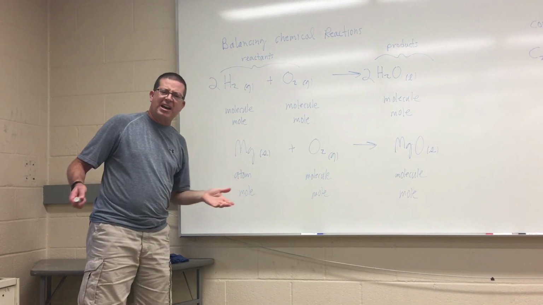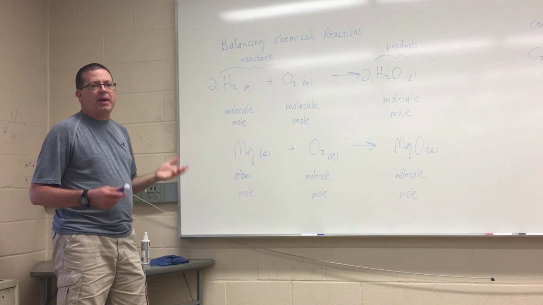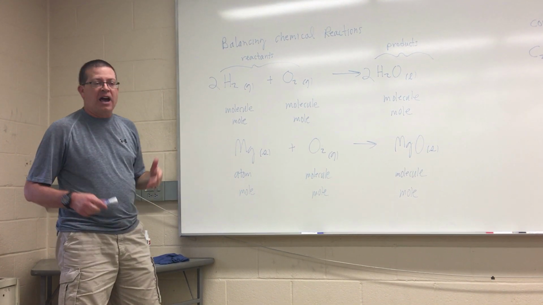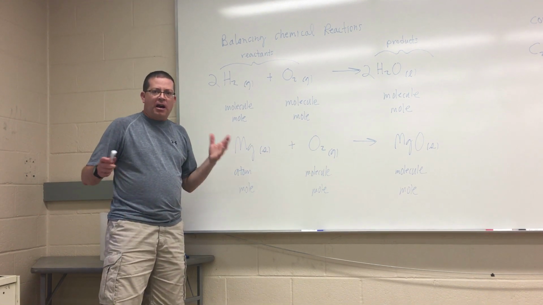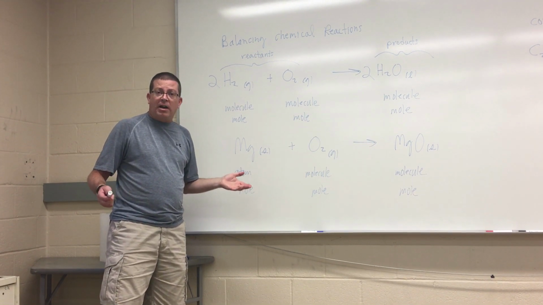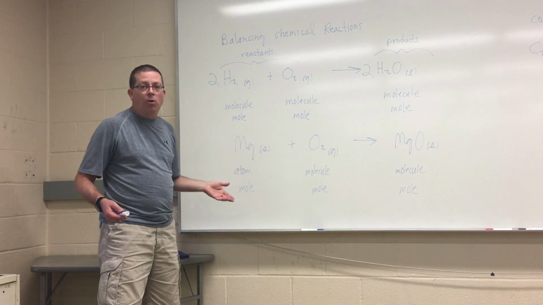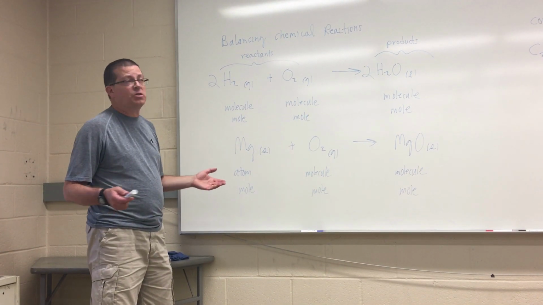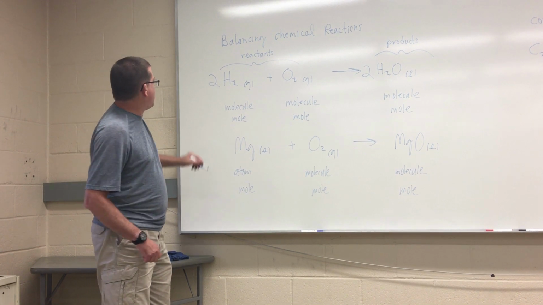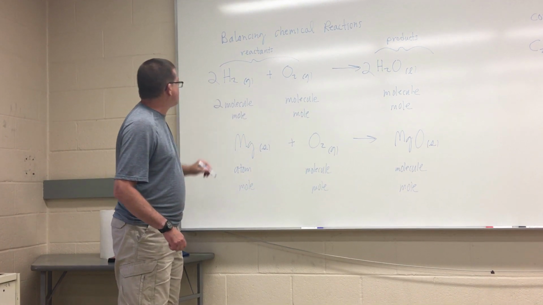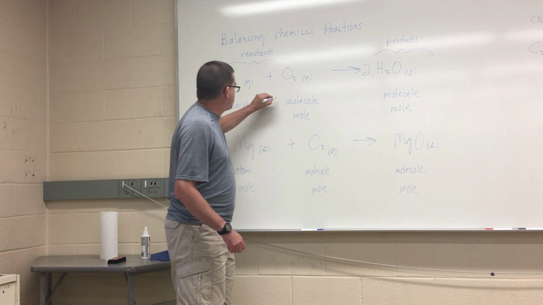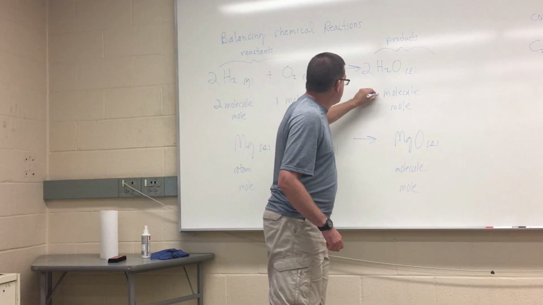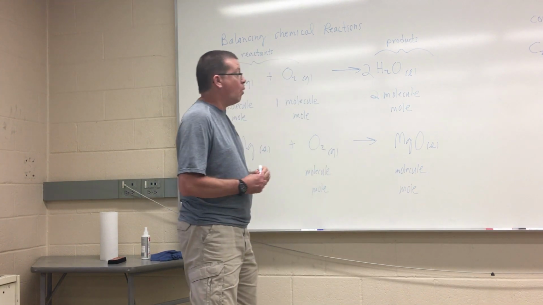Alright, so what does this actually mean? Well, in terms of a balanced chemical reaction equation, I can think of this in 2 different ways. I can think about it on the atomic or molecular level, or I can think about it on the mole level. Okay, so if we look at it on the small level, where we're talking about atoms or molecules, what I'm really saying is that 2 molecules of hydrogen are reacting with 1 molecule of oxygen to give me 2 molecules of water.